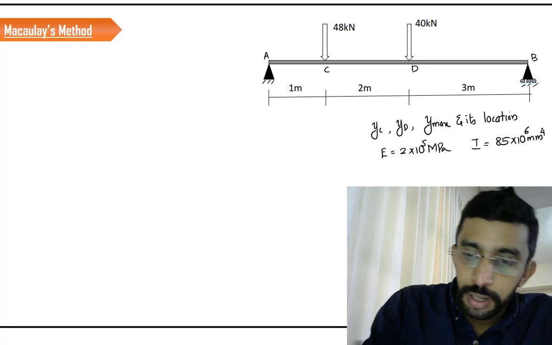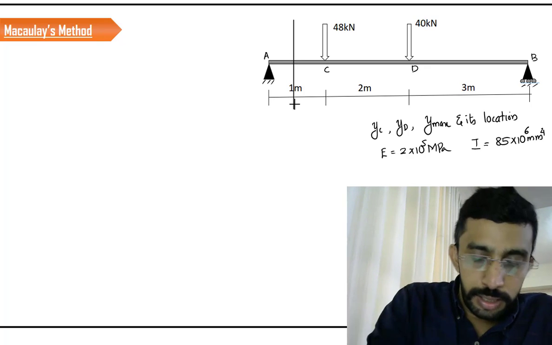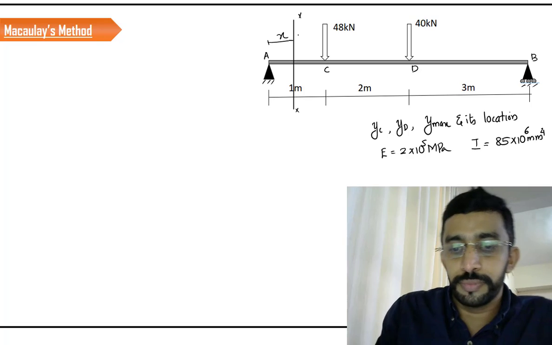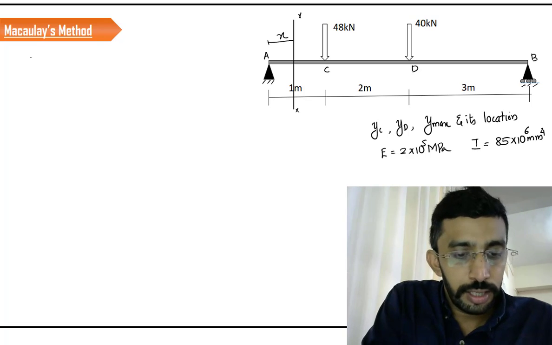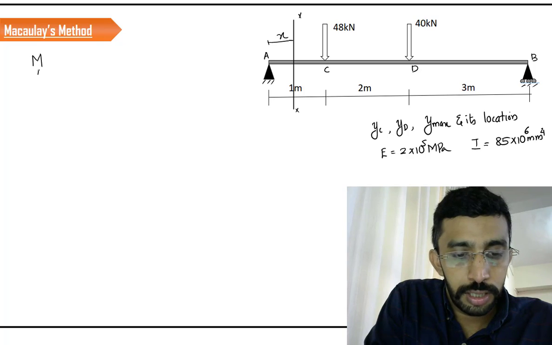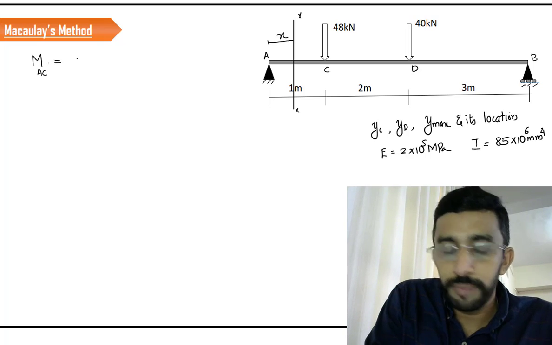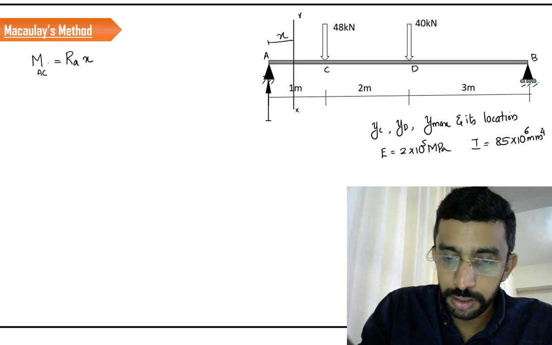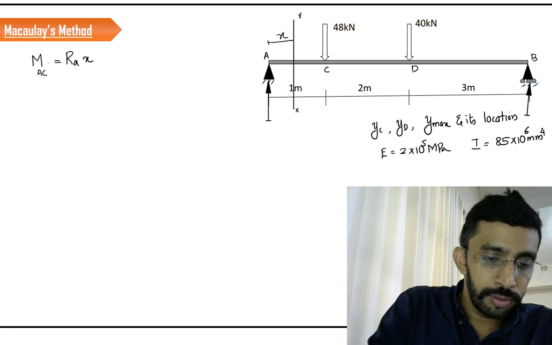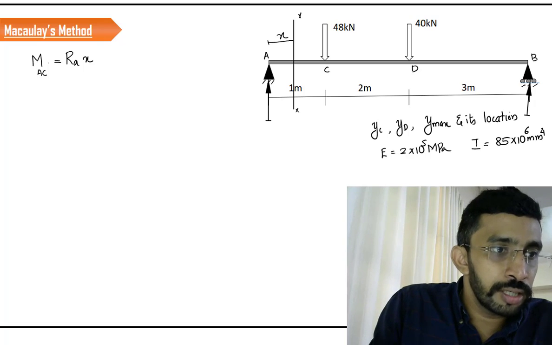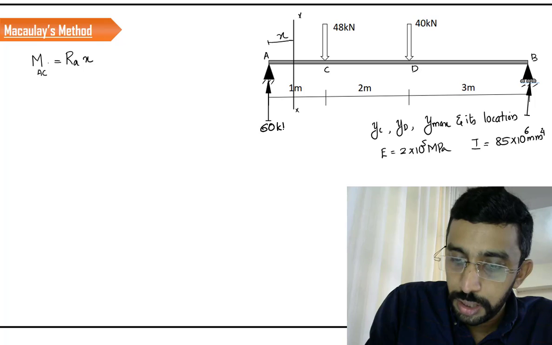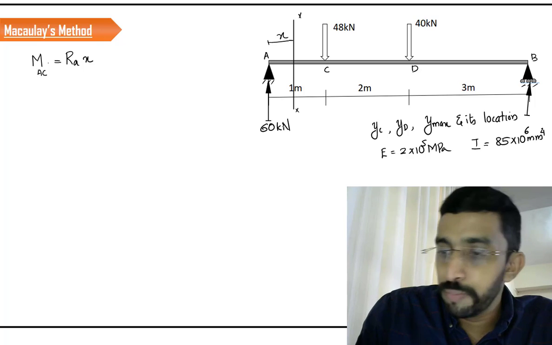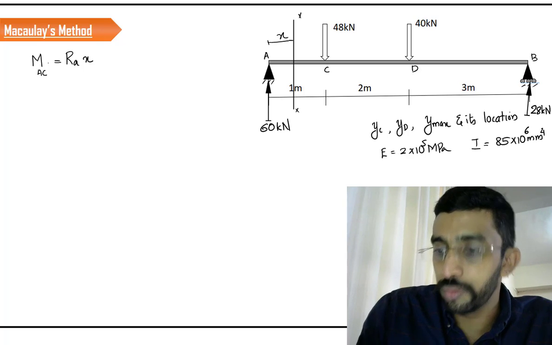Okay, now let's start. First, I am defining a section between A and C. I will define this section as XX and the length from A is X. Then the moment at the section AC is given by RA into X. Here we have a reaction like this, and here another reaction, and for this particular question the value of reaction RA is 60 kilonewton and the reaction at B is 28 kilonewton.